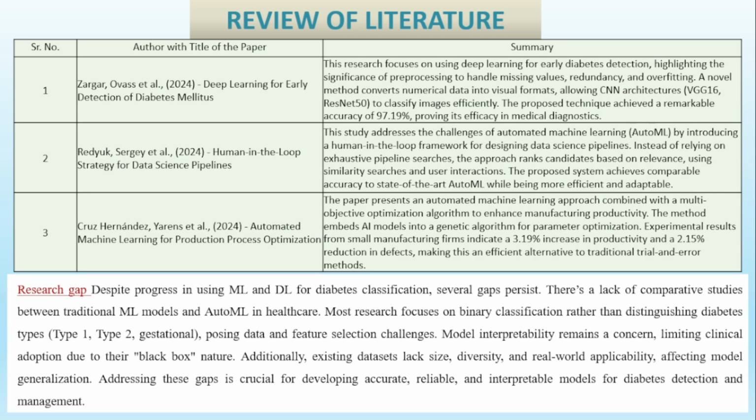Now, all the papers are studied, and I have found the research gap. What will be the research gap in all the studies and all the published papers? Now, the lack of comparison between traditional ML and automated machine learning in healthcare. Focus on binary classification, difficulty in understanding model prediction, the black box problem.